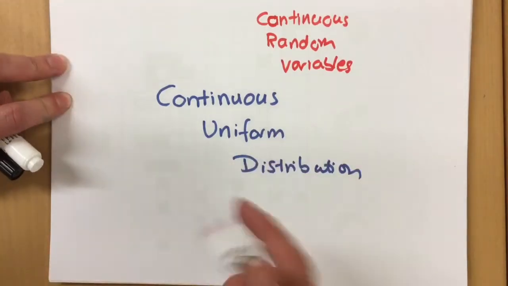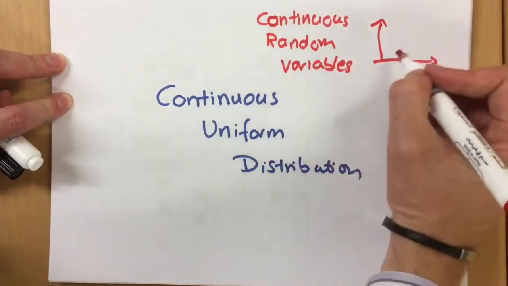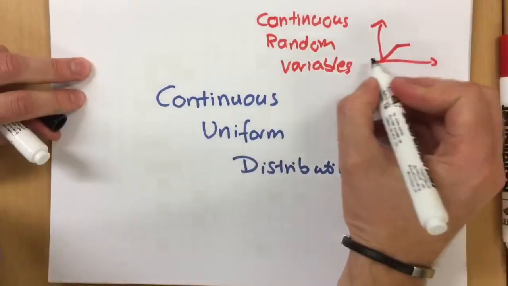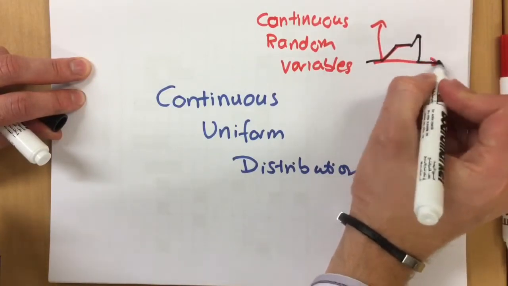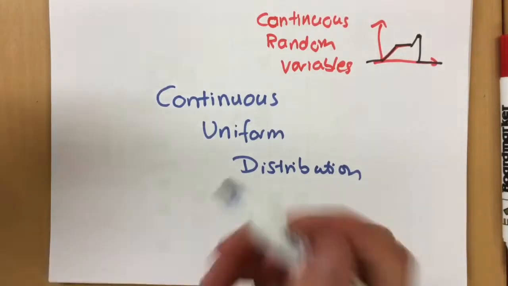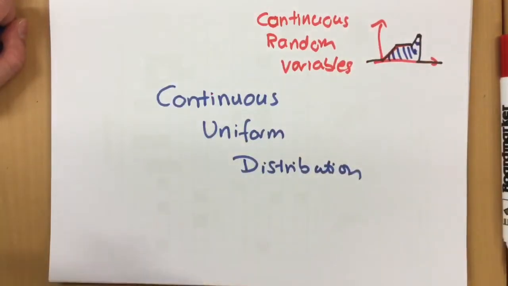And in our continuous random variables, we had a graph like so, made up of bits and pieces. Then drop down like that. And we said the probability was equal to the area under the graph, which is 1.